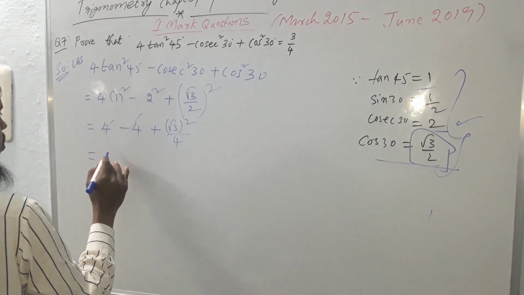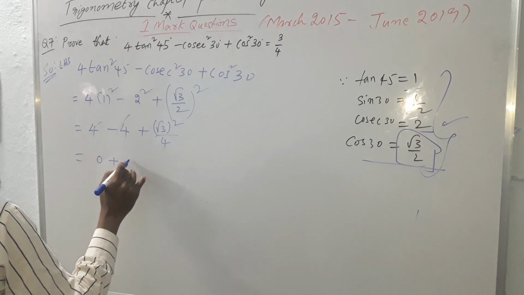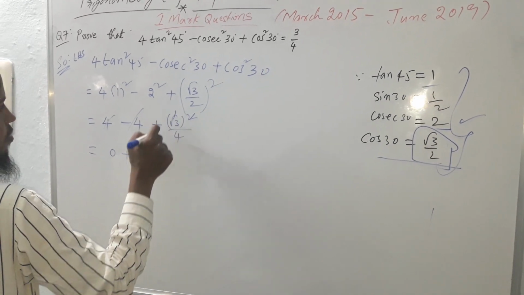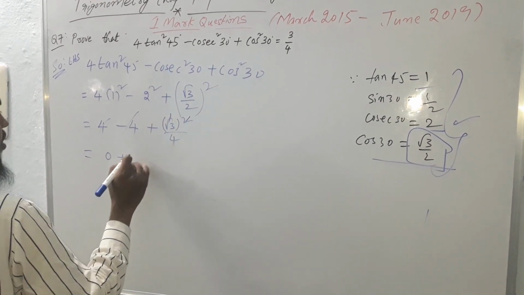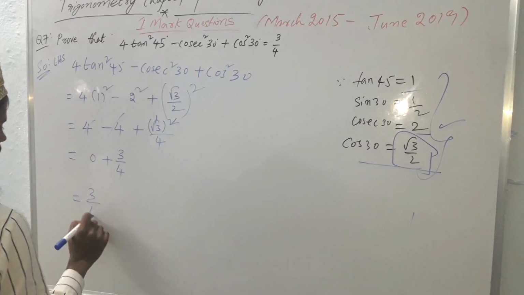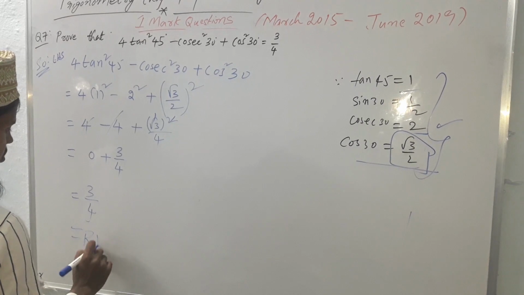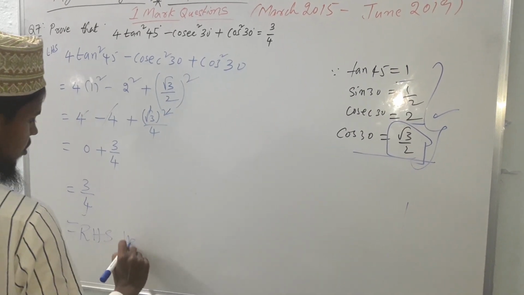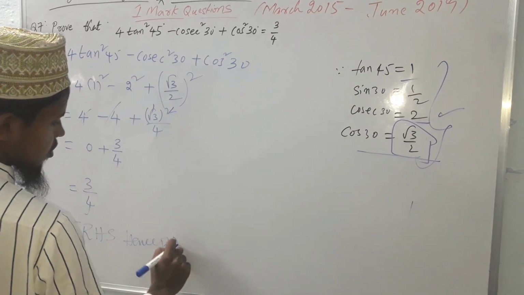Okay, this is cancelled. So 0 plus, square and root cancelled, 3 by 4. 0 plus 3 by 4 is 3 by 4. That is RHS. Hence proved.